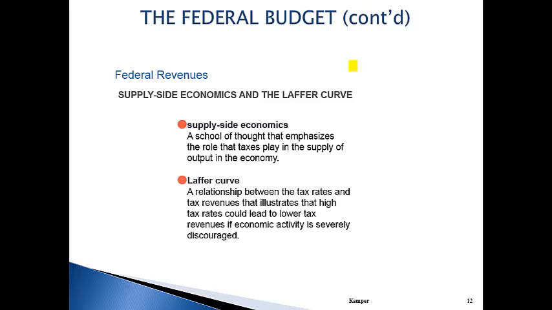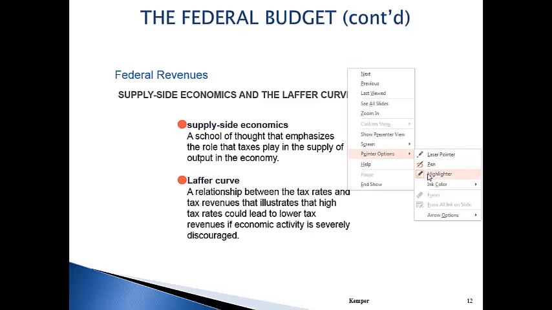The Laffer Curve. This is why Republicans discourage high taxes or a severely progressive tax rate on the wealthy. And the way I'm going to try to draw this, I know it might come out looking a little bit odd, but I'll do my best.